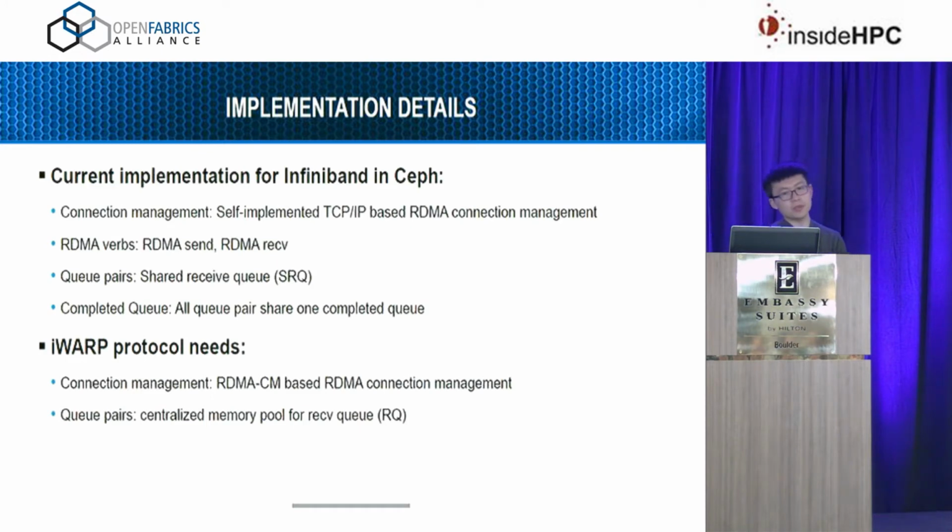Since iWARP needs the RDMA CM library, we introduced the RDMA CM library to Ceph to provide RDMA connection management. We also support queue pairs that are not associated with SRQ. One queue pair here corresponds to one RDMA connection. All the queue pairs here are allocated from the centralized memory pool.